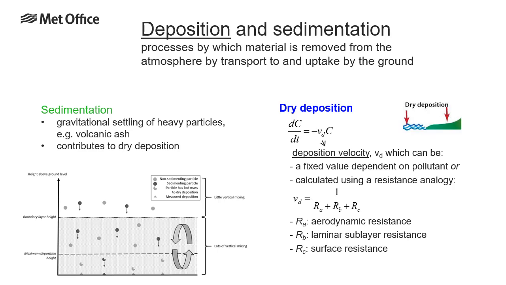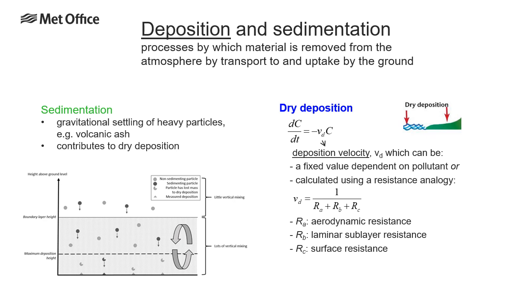NAME also includes the representation of loss processes, and a key loss process is deposition. Deposition is the removal of material from the atmosphere by transport to and subsequent uptake by the ground. It comes in two forms, wet deposition and dry deposition.